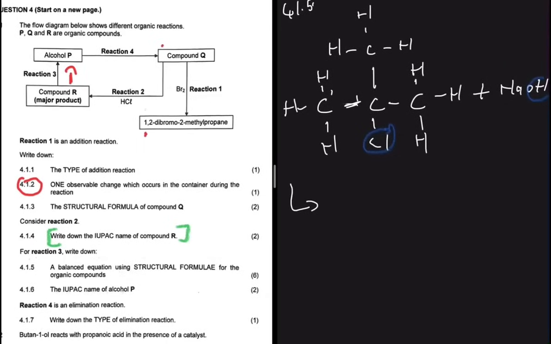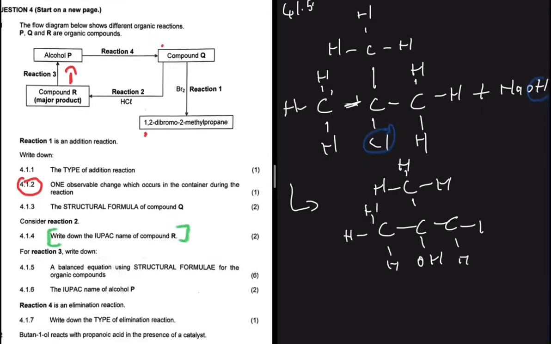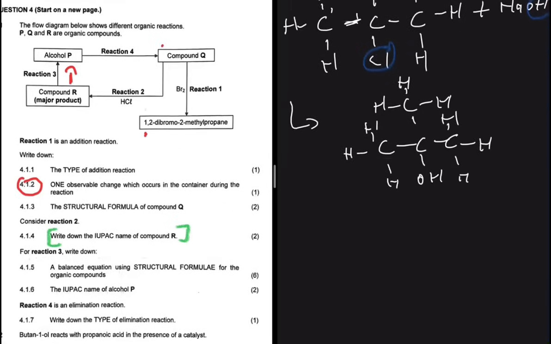So this same structure again. So 1, 2, 3 carbons. We have a branch there, and then in place of Cl we now have OH, right? And then hydrogen, hydrogen, hydrogen. And then we need to fill out our hydrogens, and we're gonna have plus NaCl, right? And then we're good to go.